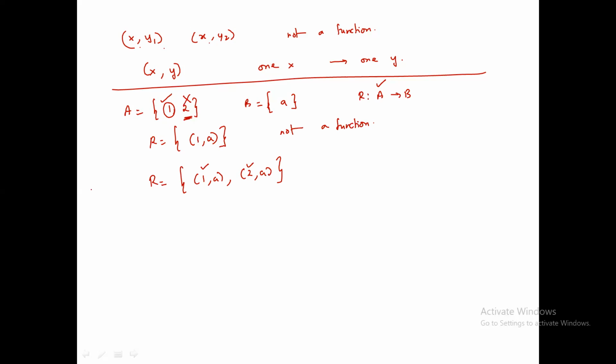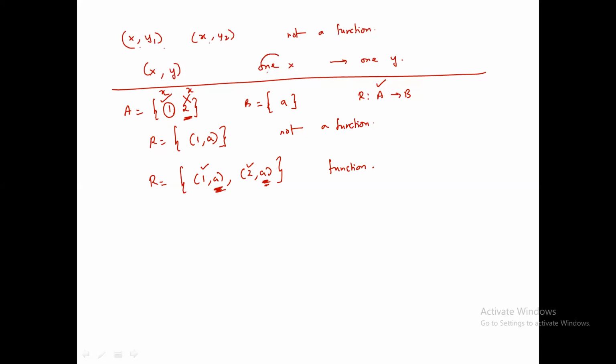Every x I have taken. This x I have taken, this x I have taken. Then I can say this is a function. Now you may ask me, a is repeating. How can I call this a function? Y's can repeat. The rule is only for x.